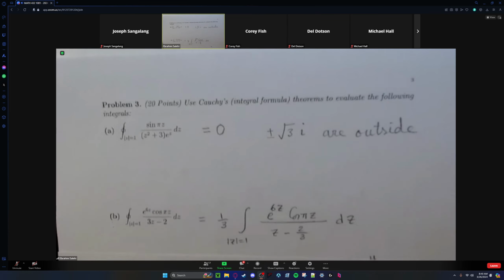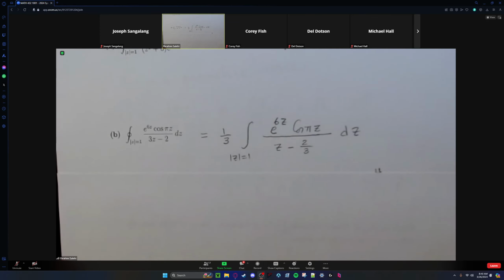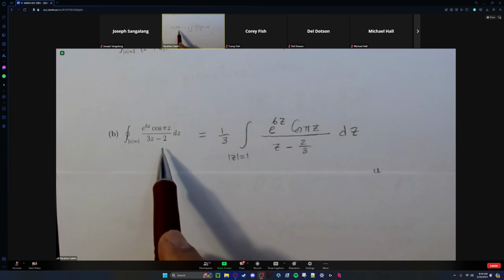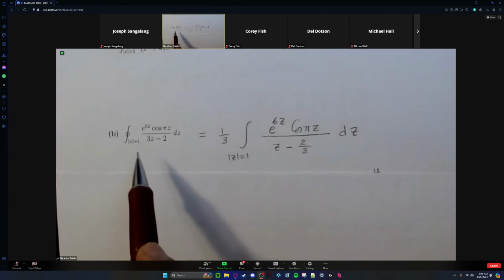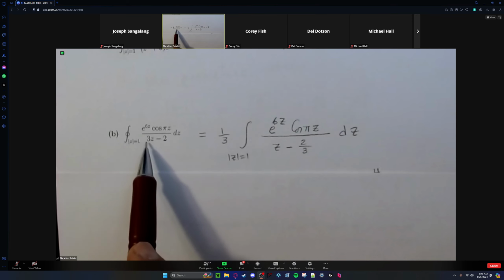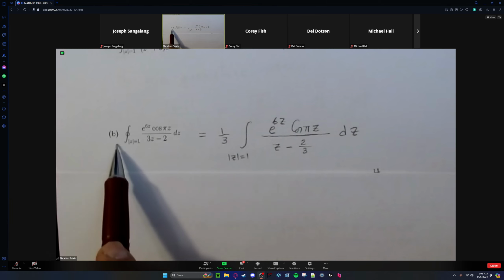Number 2, always we look at z minus a number, right? So in order to create z minus a number, you factor this 3 out.